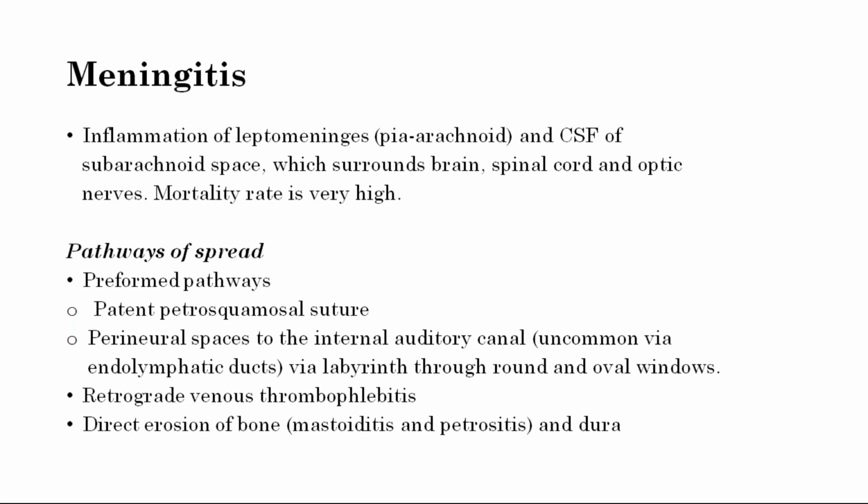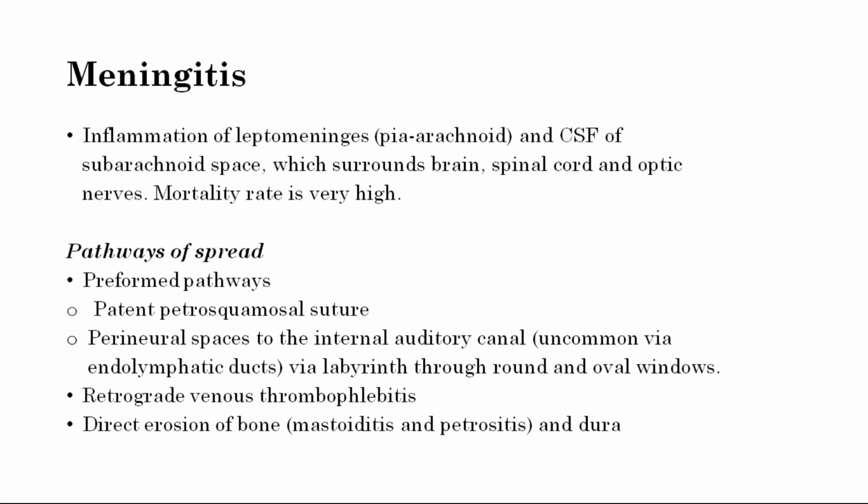So how to rule it out? There are 2 to 3 ways. You can do a contrast MRI, which is very, very good, and also you can do a CSF study. So you draw the CSF and send it for testing. And when you draw the CSF, the CSF looks yellow in color.